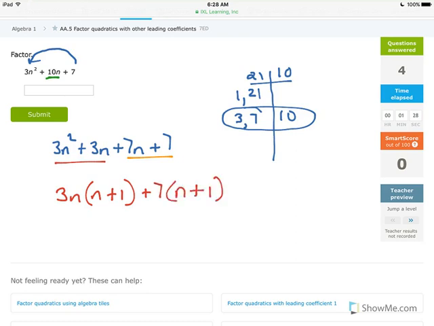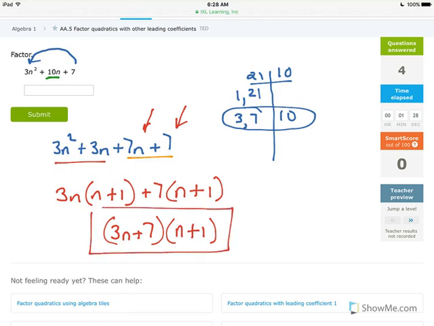Just check it real quick. 7 times n is your 7n, and 7 times the 1 is the 7. So one of your factors will be 3n plus 7, and then the other factor will be that common factor, n plus 1. So that's going to be your factorization for that one: 3n plus 7 multiplied by n plus 1.